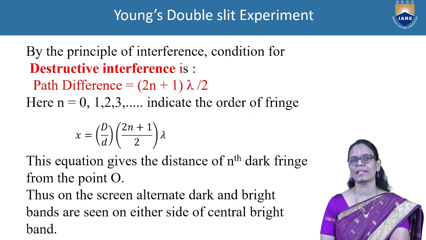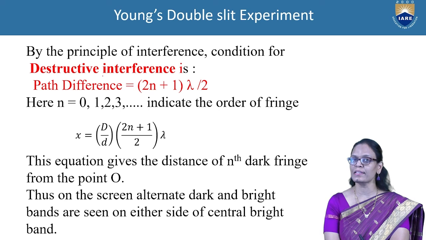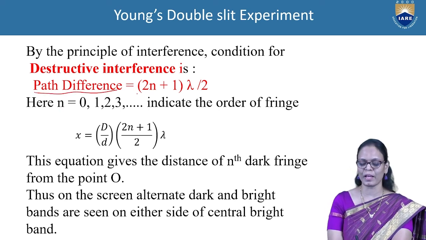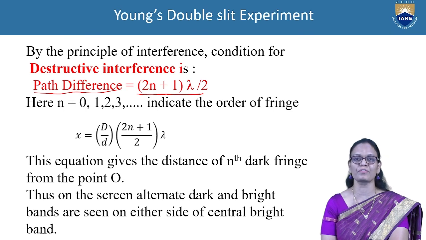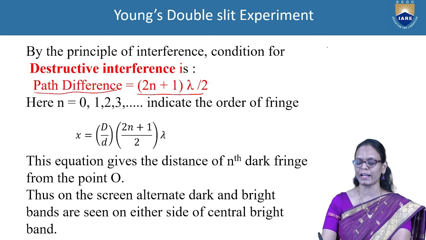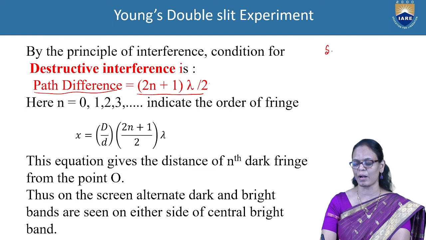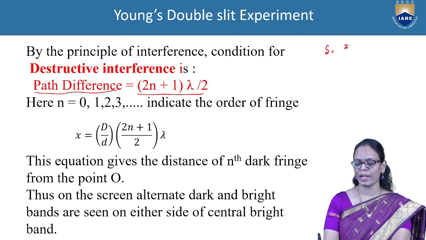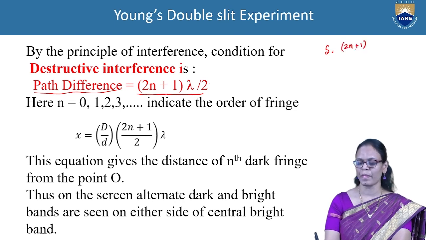Now what is it for destructive? We have already seen the condition for destructive interference, that the path difference should be an odd multiple of half the wavelength. So 2n plus 1 into lambda by 2. So what is the path difference we have got? We have already derived the path difference, and it is equal to 2n plus 1 into lambda by 2.